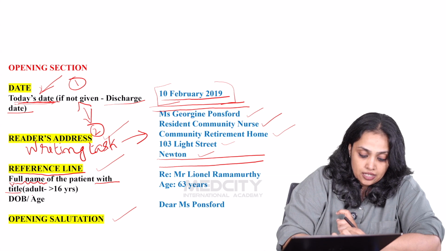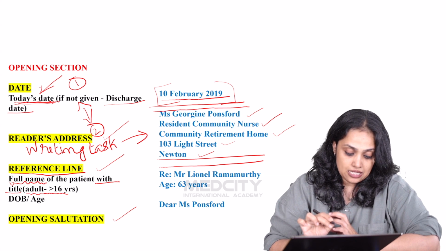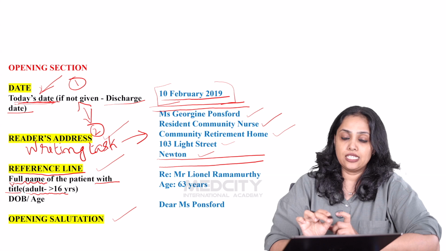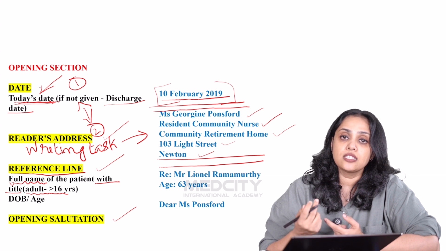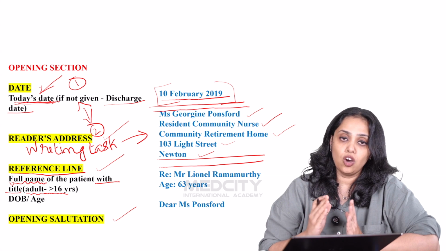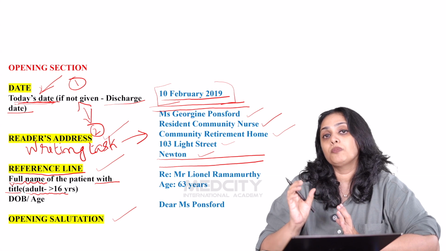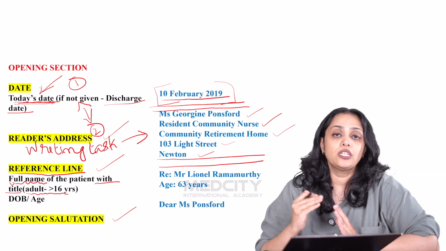Now, I have mentioned here adult greater than 16 years, which means that we need to mention the title only if the patient is an adult, that is greater than 16 years of age. If the patient is a child, 16 or less than 16, then you just need to mention the full name, no need to mention the title, even though the title is mentioned in the case note.